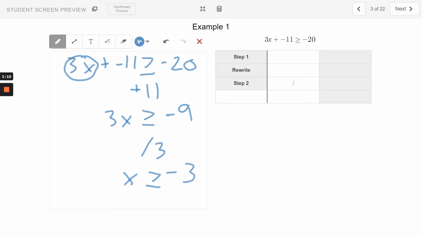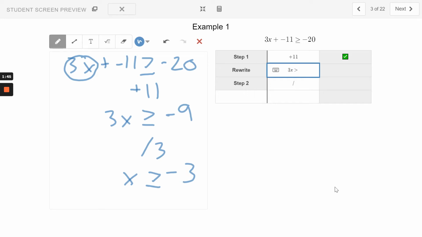Now we're going to talk about how you would type this in on Desmos. Just like we've done before, step 1 doesn't change. We press plus 11. When we're rewriting, we have 3x is greater than or equal to negative 9. On your keyboard, you should see a greater than sign on the key with the period. You're going to hold shift and press greater than.